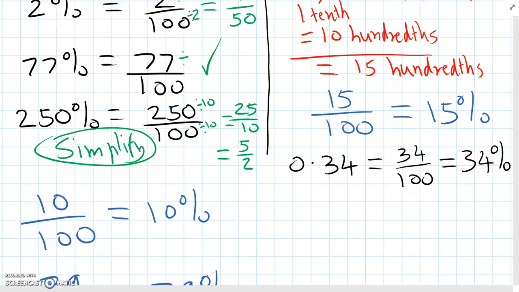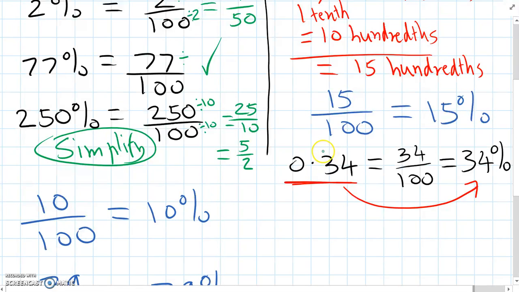If we want to skip the in-between step of making a fraction though, we can see that we started with 0.34 and we ended up with 34. So the pattern that we can see is every place value has moved up 2 positions. The 3 has gone to the tens, and the 4 hundredths has gone to the units.